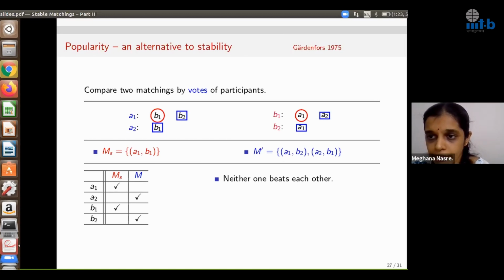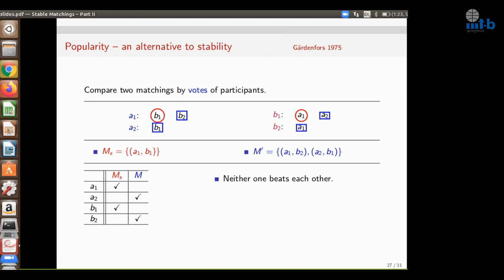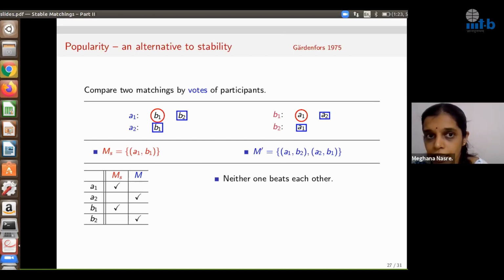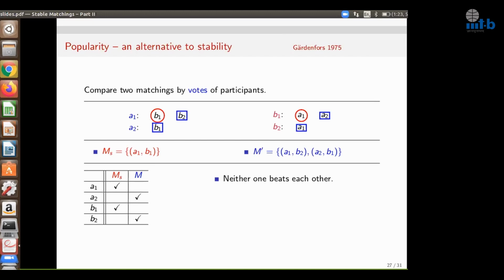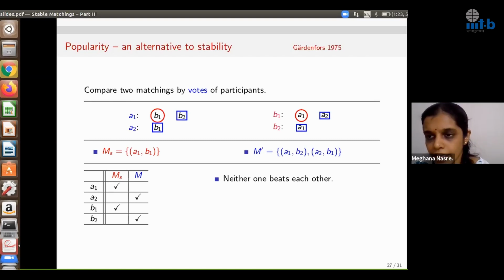We can say that A1 is indifferent between B1 and B2, in which case it doesn't vote. But remember that we are looking at the case where there are strict lists and incomplete lists. We won't get into this situation in this variant, but this is a valid question.